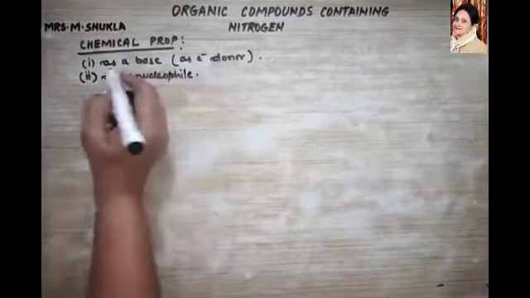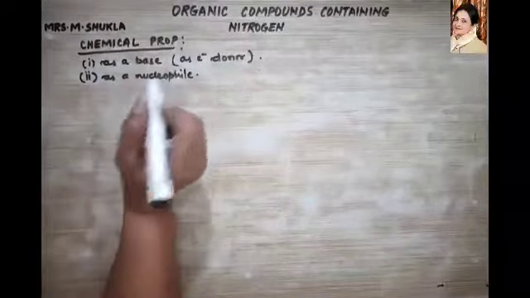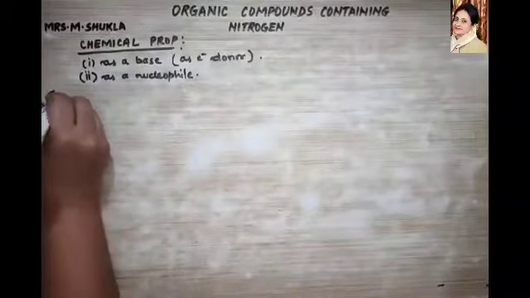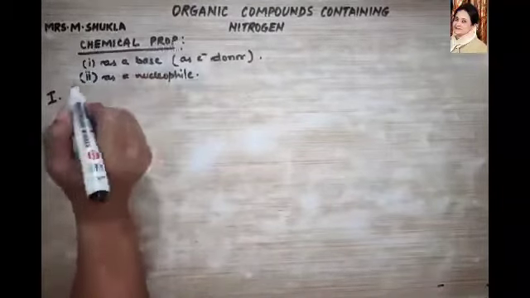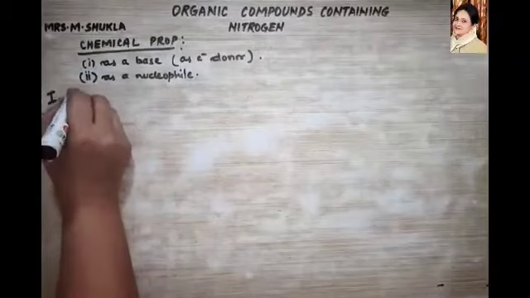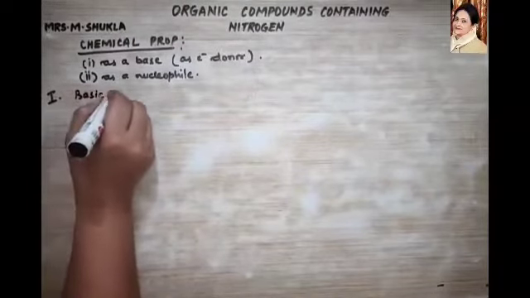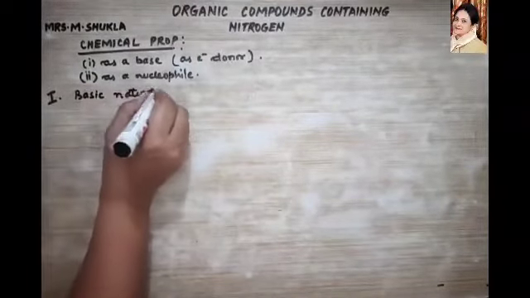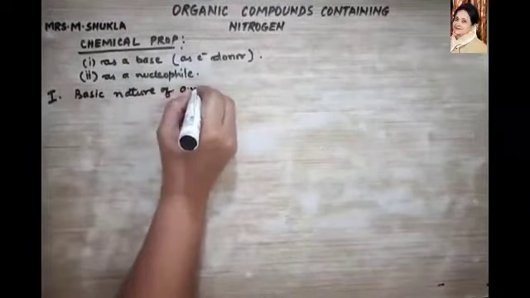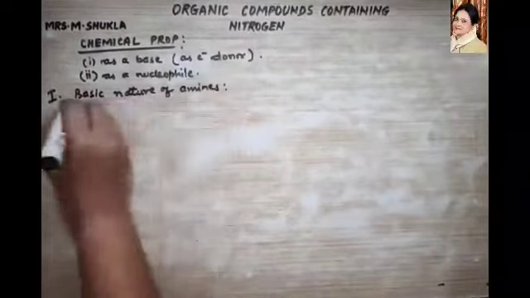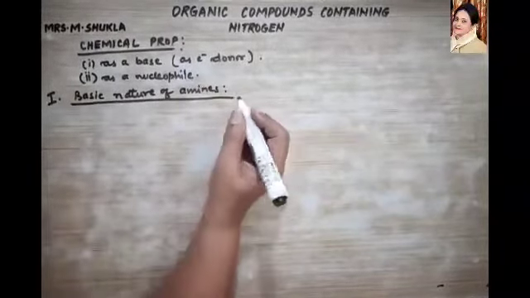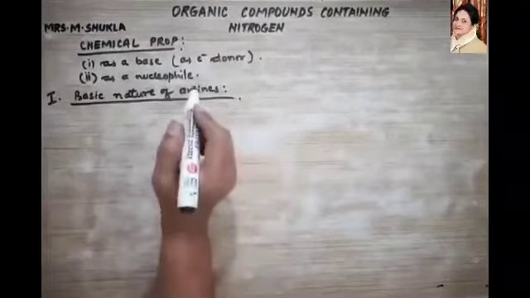So today I'm going to deal with the basic character of amines. The first point that we need to study in the chemical properties of amines is the basic nature of amines. So let's begin to understand why they show basic nature.